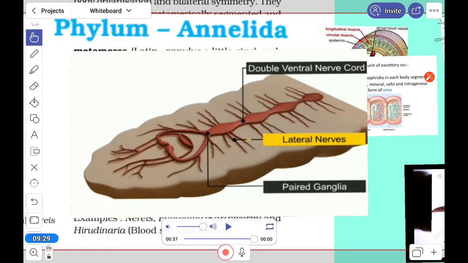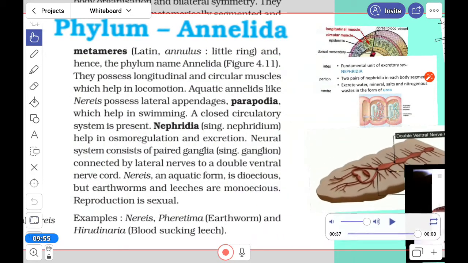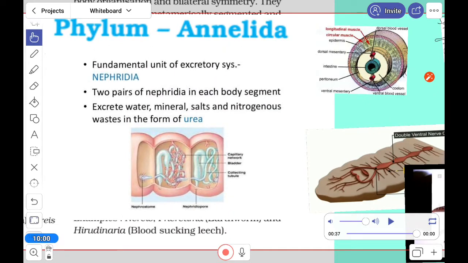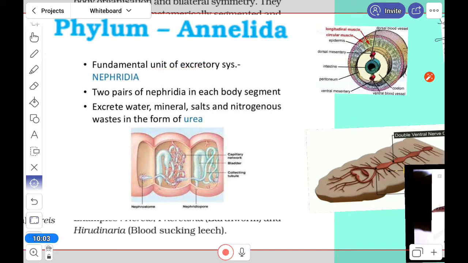So in that sense, Annelida is an advanced invertebrate. We can consider the nervous system, which is well developed. A nerve ring is there. Maybe a brain is not there in that sense, but segmental paired ganglia are available. Now, if we focus on nephridia, this is the fundamental unit of excretion and osmoregulation.